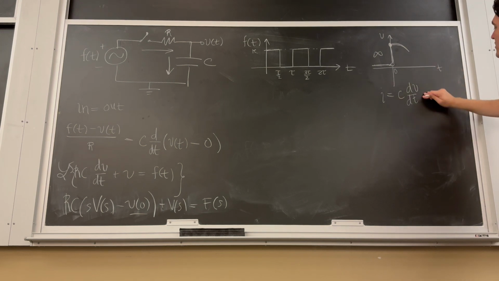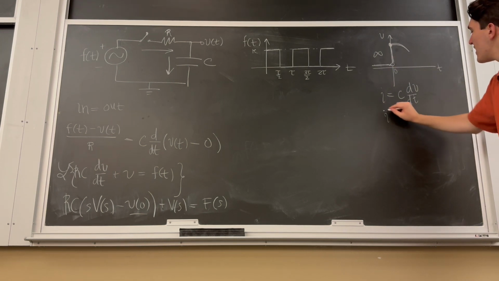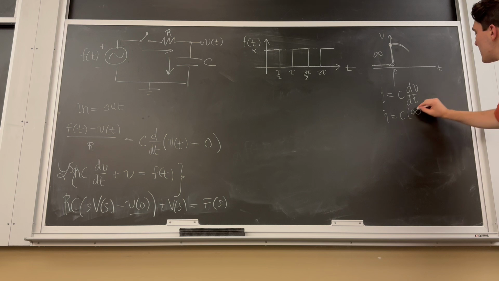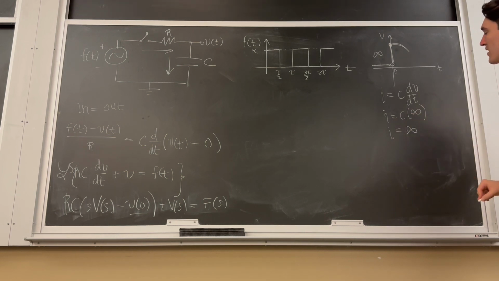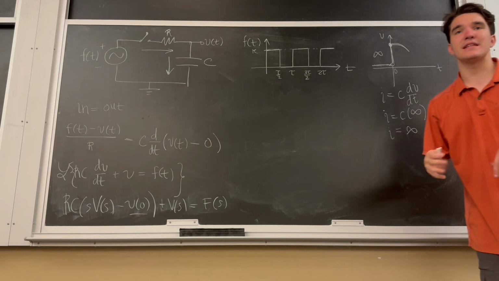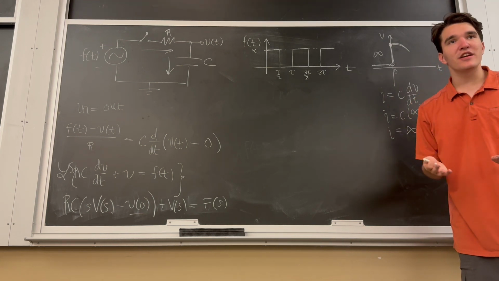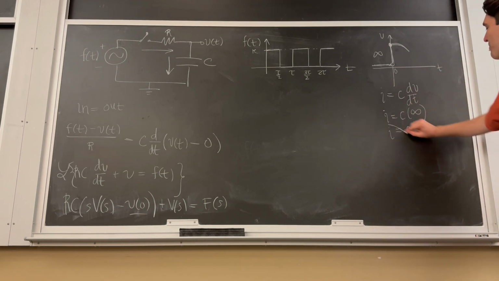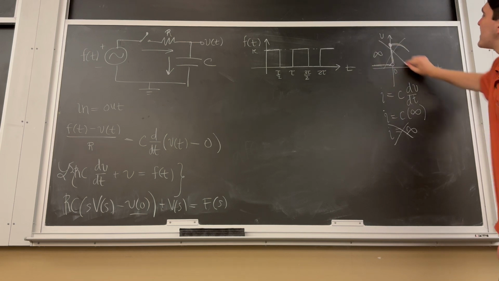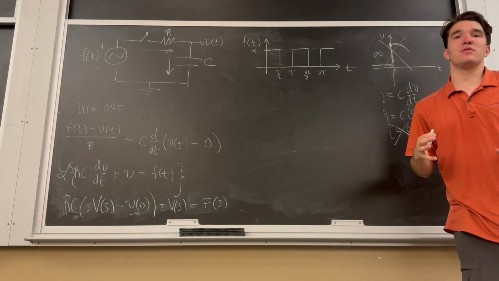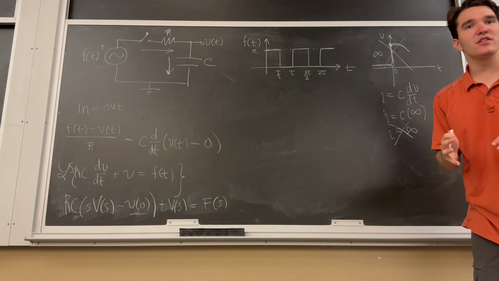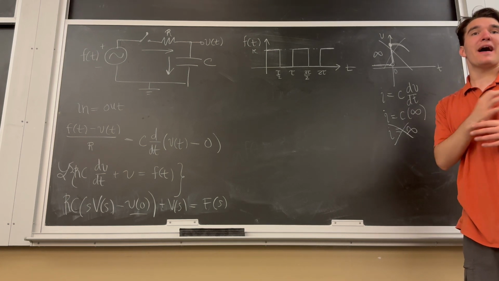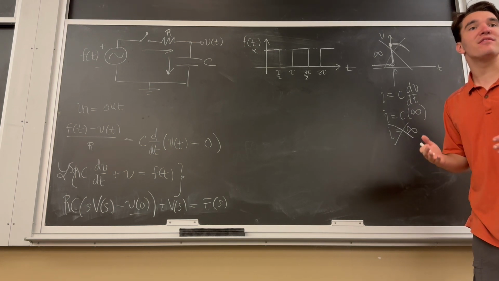If the slope of the voltage is infinity, that implies the current is infinite at that point, which of course is impossible. You cannot have infinite current flowing through a wire. So any discontinuity at time equals 0 is also impossible. At time equals 0, there can be no discontinuity. In fact, the voltage across the capacitor at any time cannot have a discontinuity.